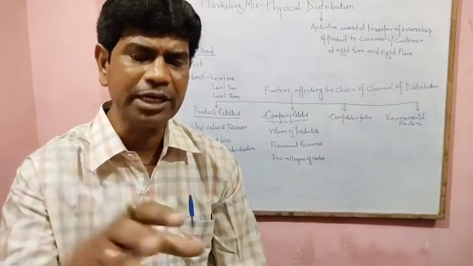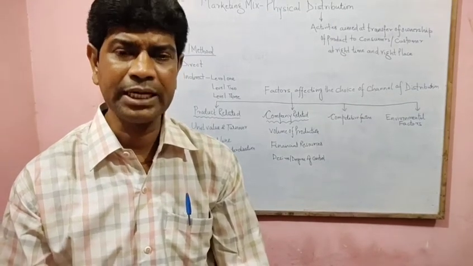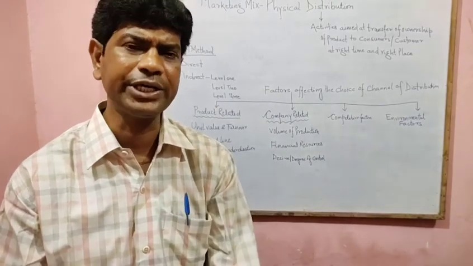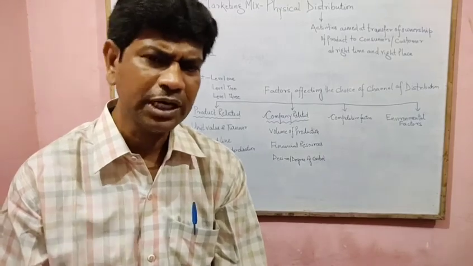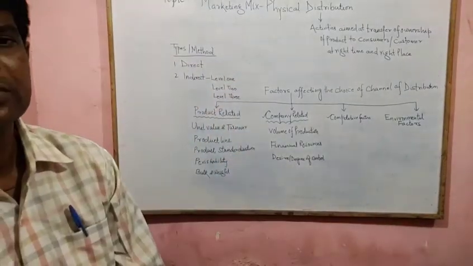They can employ intermediaries, but where there are no opportunities or there are other legal constraints, a company would usually prefer to have a shorter channel or a direct channel of distribution.